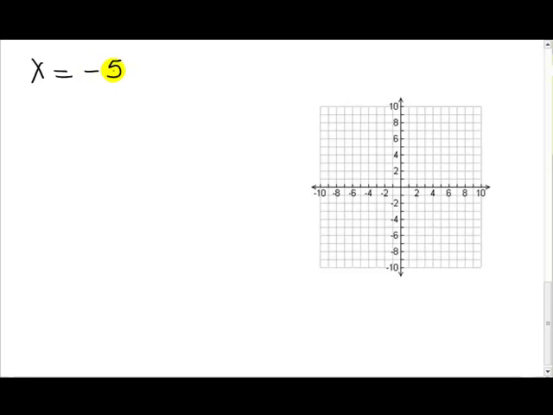X equals -5. Now we've only got one variable here, and usually for a line we have two variables. And really this is a linear equation.